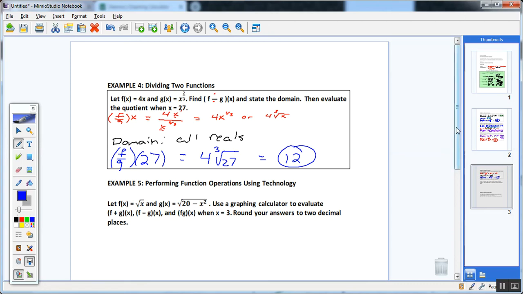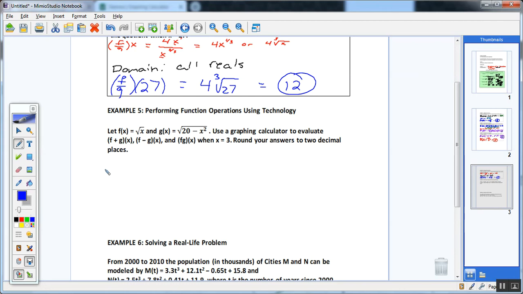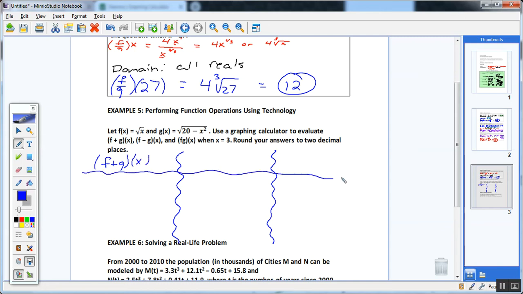Okay. I want some help with this here. So I'm going to show you, we'll do f plus g together, and then you guys are going to tell me what the other one is, all right? So I'm going to divide this up like so. Let's do f plus g right here. You ready, kids?